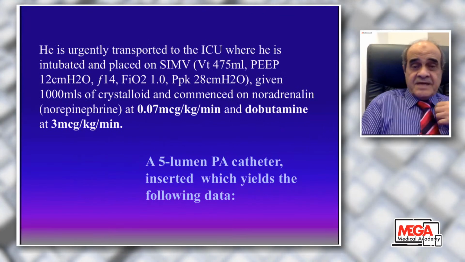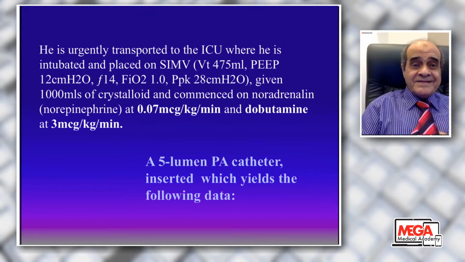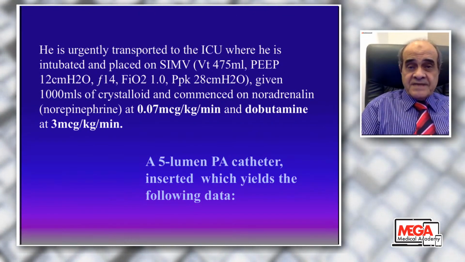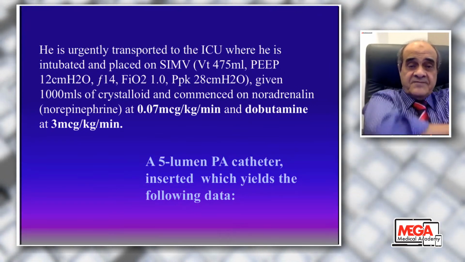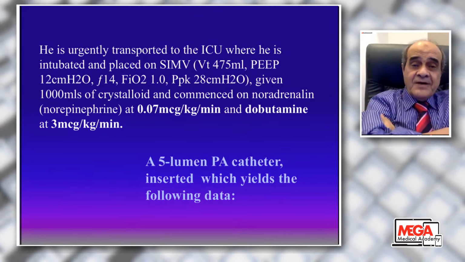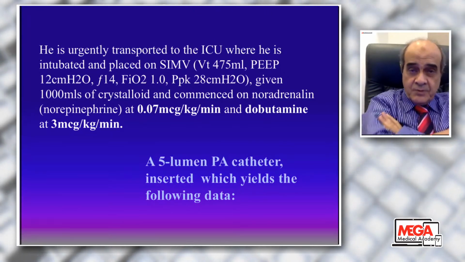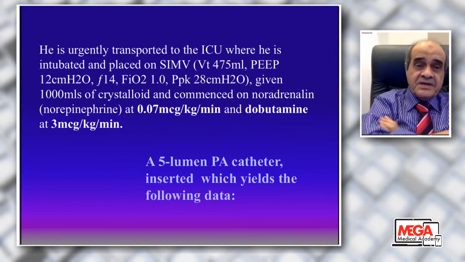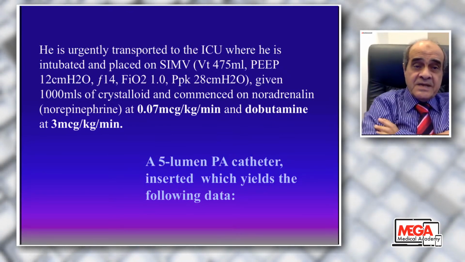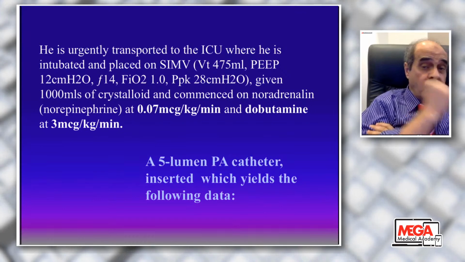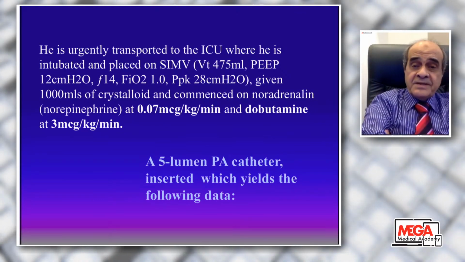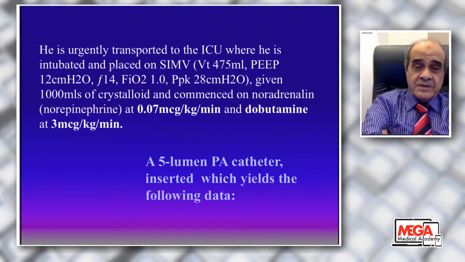He is urgently transported to ICU, where he is intubated and placed on SIMV, tidal volume 475, PEEP 12, frequency 14, FiO2 1, and peak pressure 28 centimeters of water, given 1,000 ml of crystalloid, and commenced on norepinephrine at 0.07 microgram per kg per minute, and dobutamine 3 microgram per kg per minute.